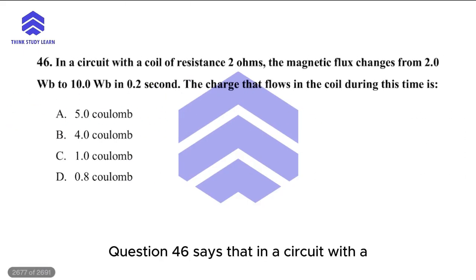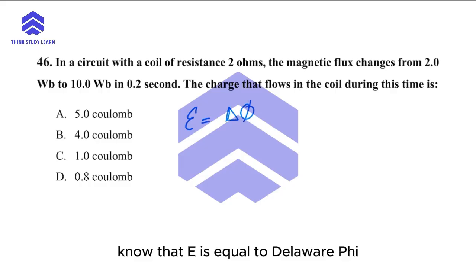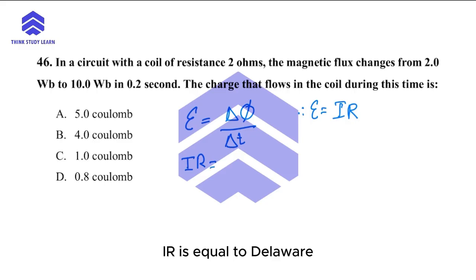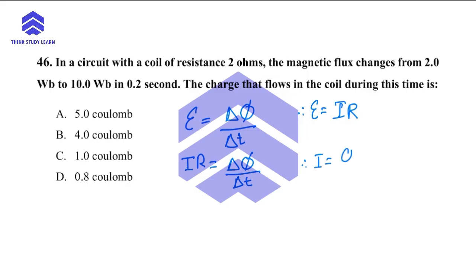Question 46 says that in a circuit with a coil of resistance 2 ohms, the magnetic flux changes from 2 Weber to 10 Weber in 0.2 seconds. The charge that flows in the coil during the time is. According to Faraday's law, we know that E is equal to del phi divided by del t. Here we know that E is equal to IR. So we can write IR is equal to del phi divided by del t. Now we can say that I is equal to Q over t.